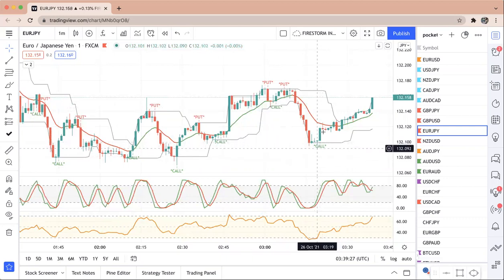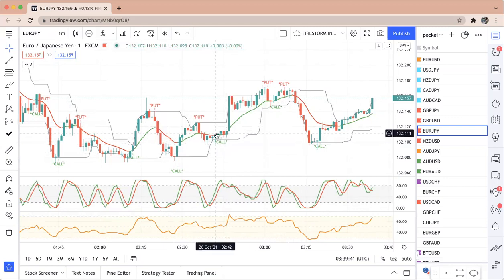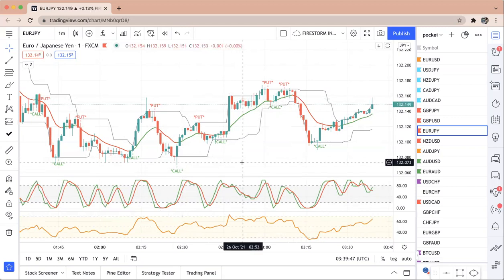Now, this one was a successful call signal because you would have gotten in here when it was called, and you would have taken it up for 3, 4 minutes or for multiple candles. And this one was a successful call signal as well. You could take these signals for 1 to 3 minutes. You can take them per candle.